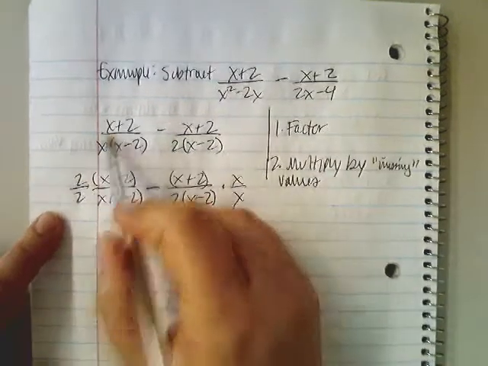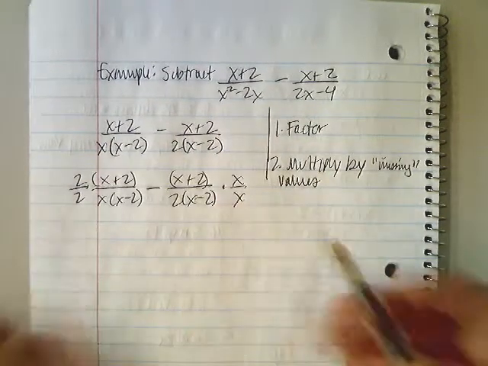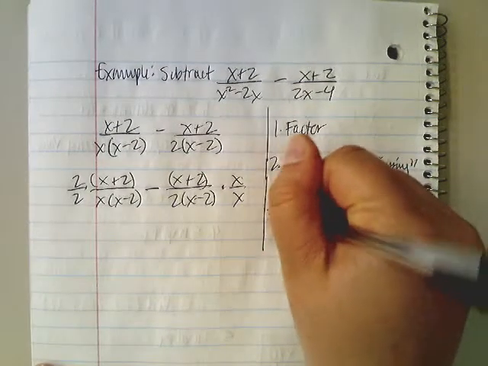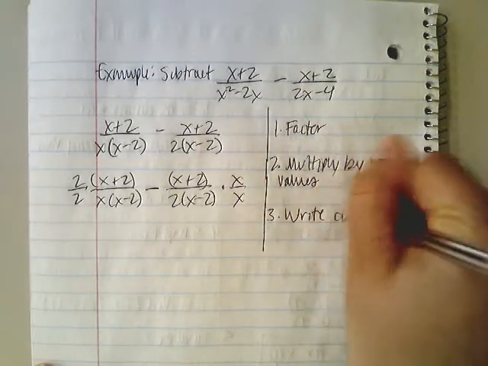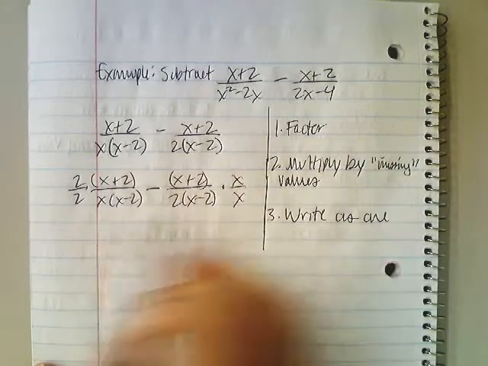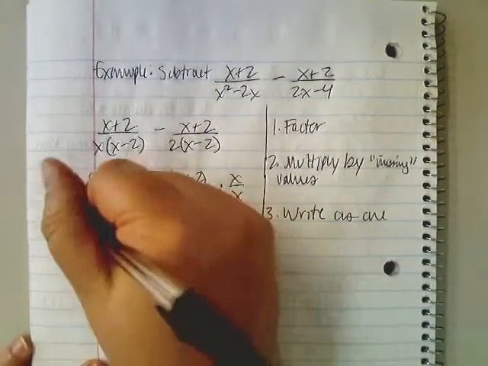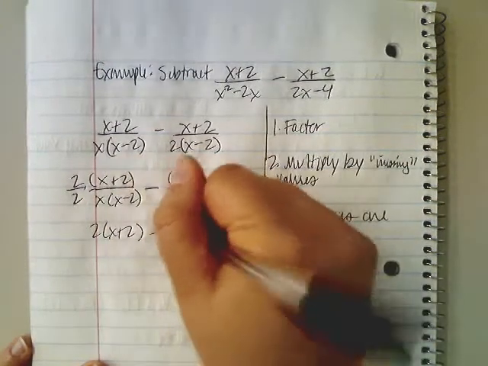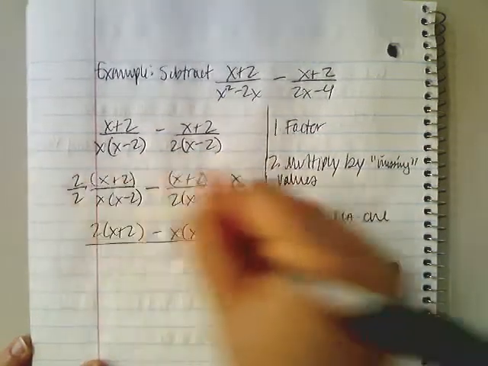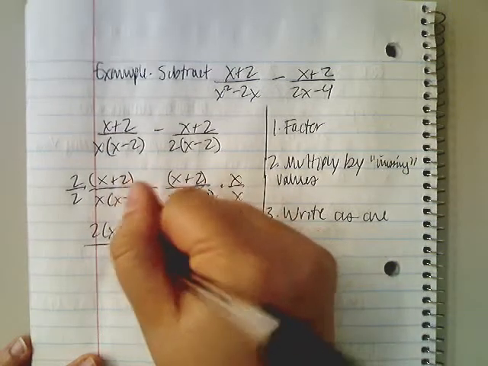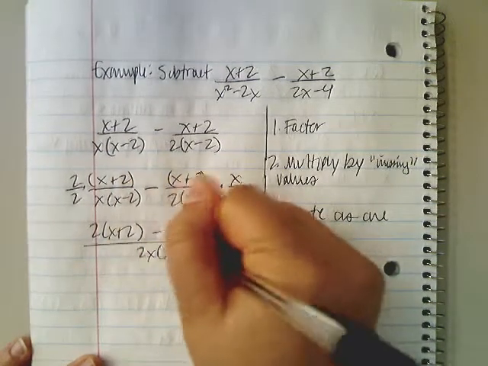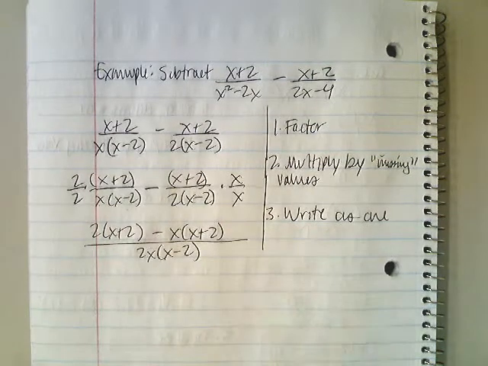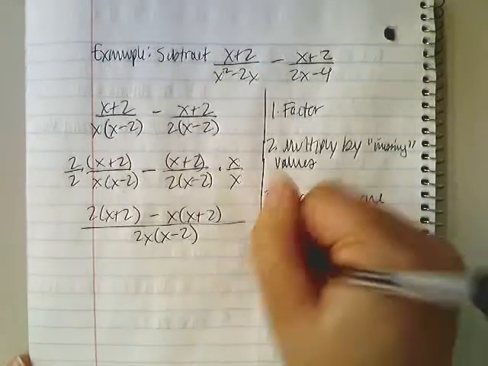So again, this one I multiplied by 2 over 2, this one I multiplied by x over x. And I'm going to now write as one fraction. So this becomes 2 times x plus 2 minus x times x plus 2 all over 2x times x minus 2. So again, 2x times x minus 2 is my new common denominator. I write that as 1.